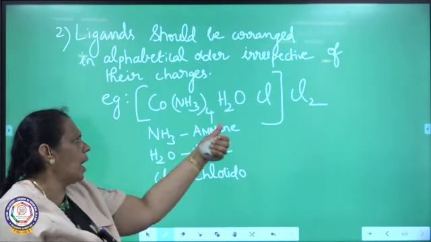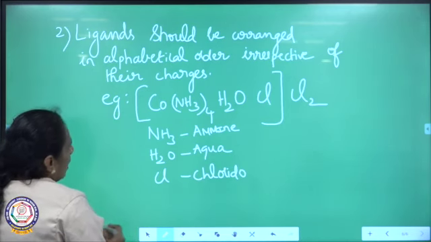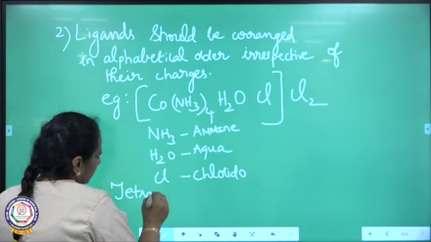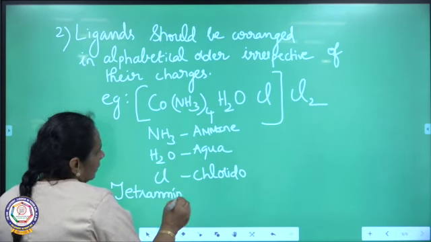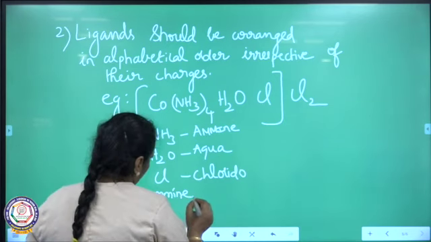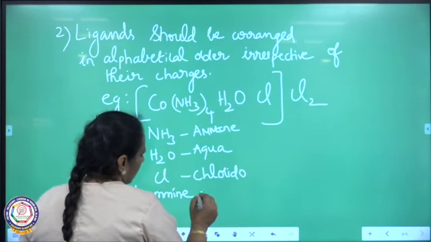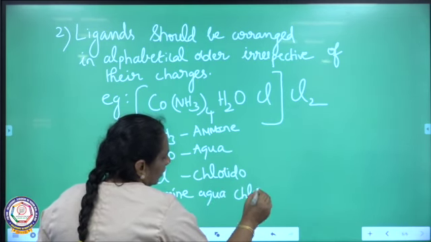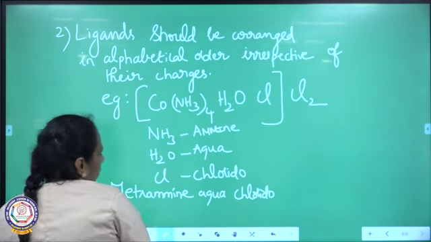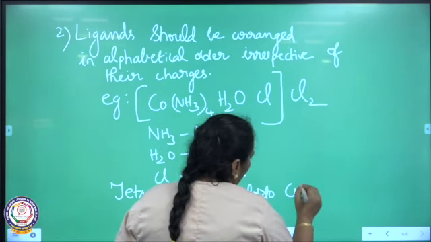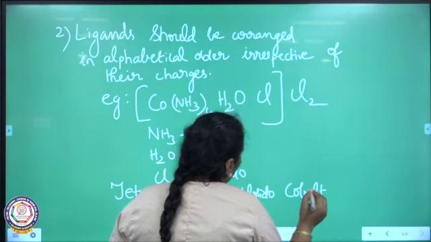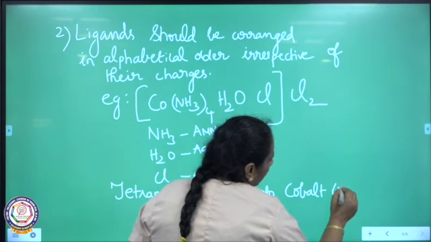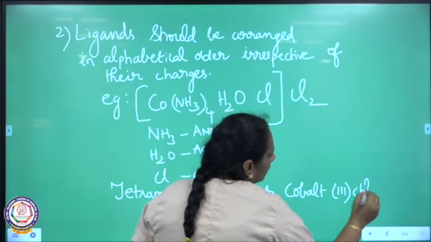So the name of the complex is tetraammine aqua chlorido cobalt(III) chloride. Already I told you the oxidation state should be represented in Roman numeral, cobalt(III) chloride.